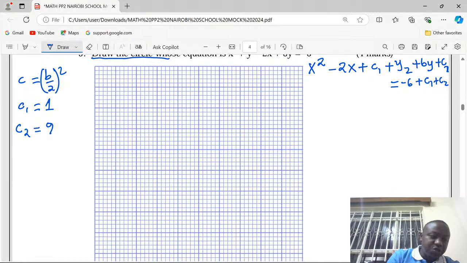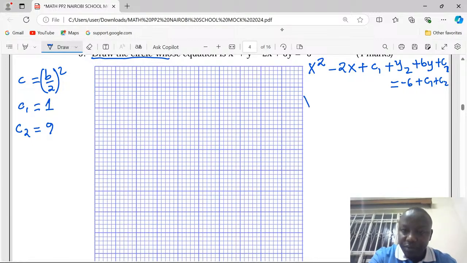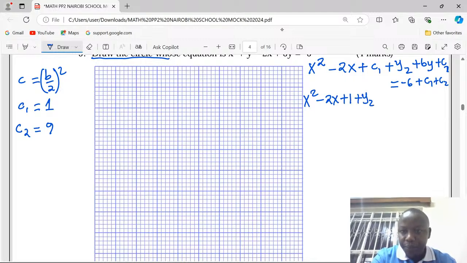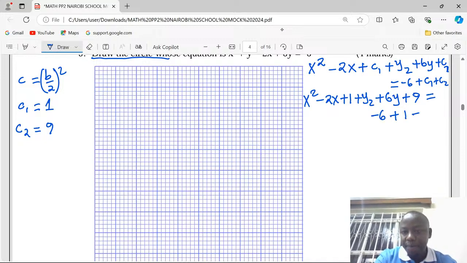So now we write the expression using known constants and say x squared minus 2x plus 1. Then we add y squared plus 6y plus 9 equals to, on the right hand side we shall have negative 6 plus 1 plus 9.